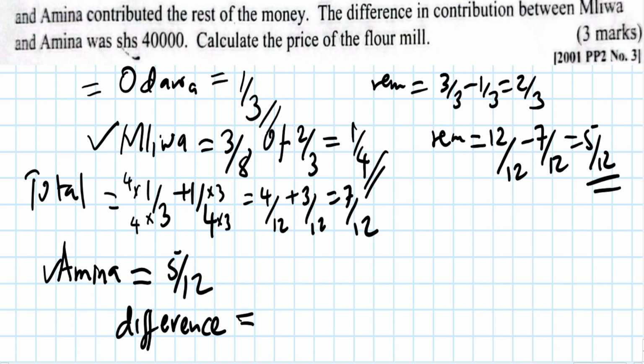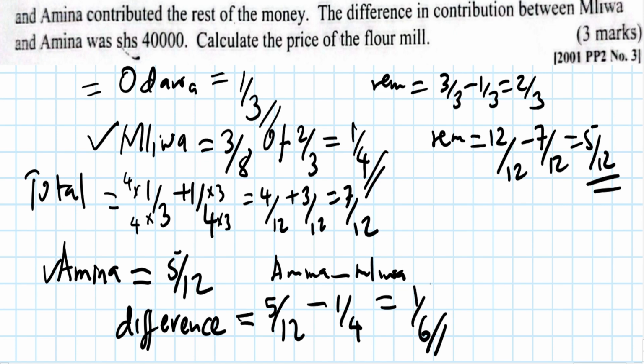If you look at 1/4 and 5/12, who is larger than the other? The one who is larger is Amina. So the difference is 5/12, that is Amina, minus Mliwa. So 5/12 minus a quarter is going to give you 1/6. So 1/6 is the difference in contribution.